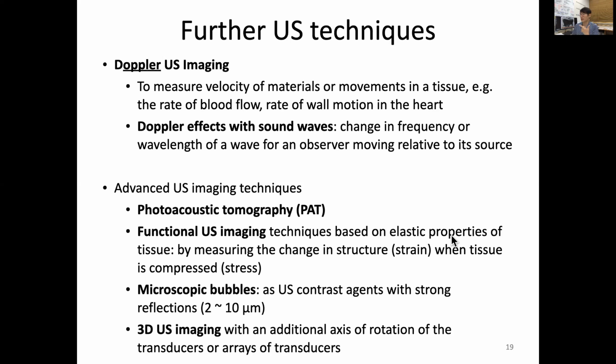So based on elastic properties of the tissue, by measuring the change in the structure, which we call strain, when tissue is compressed or stressed, the strain-stress relationship gives the elasticity, and we can even probe that elastic property of the tissue.